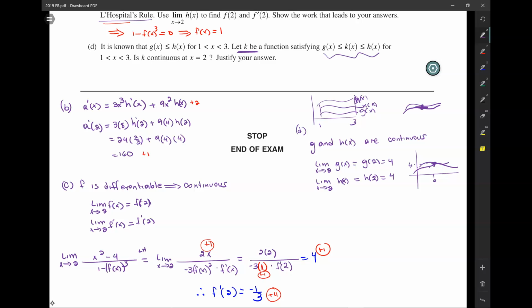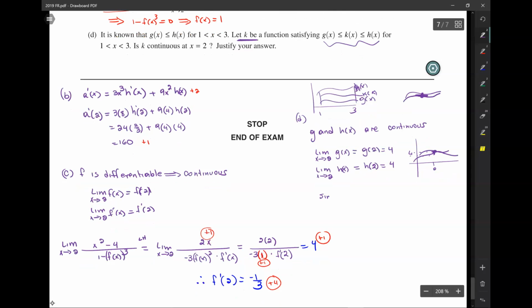So you say, since g of x is less than or equal to k of x is less than or equal to h of x, then the limit as x approaches 2 of k of x is equal to 4.